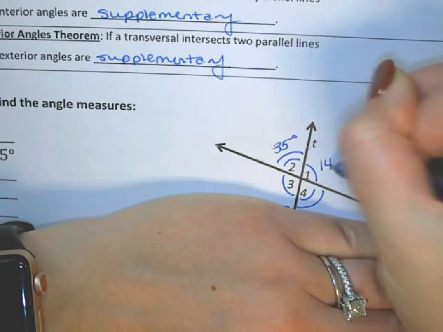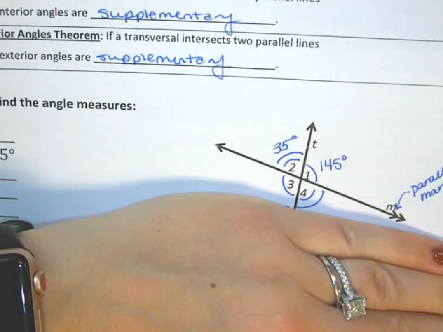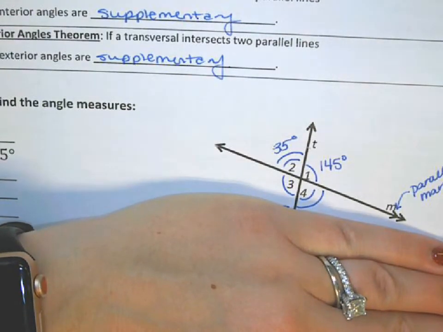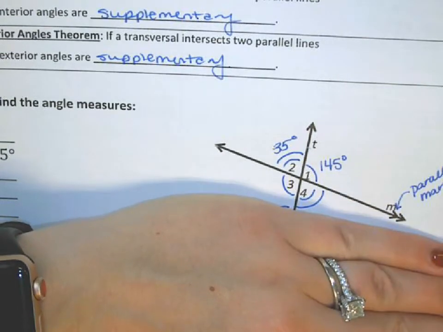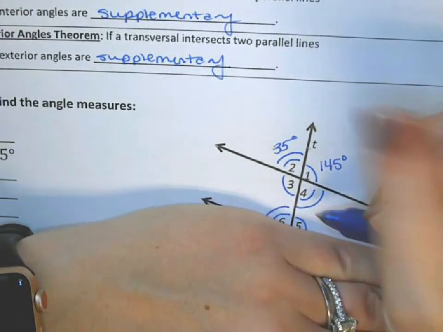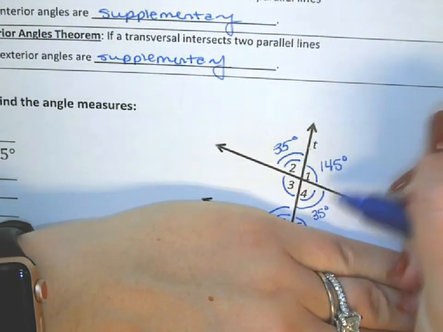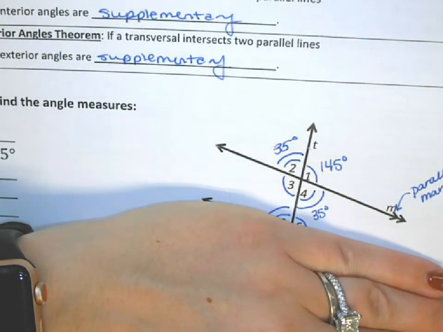Why? The linear pair theorem says they have to be supplementary. We need to make that an angle so that the 2 angles add to 180. What does the measure of angle 4 have to be? 35. Why? It's a vertical angle or it's supplementary to the 145. I don't care which way you think about it.